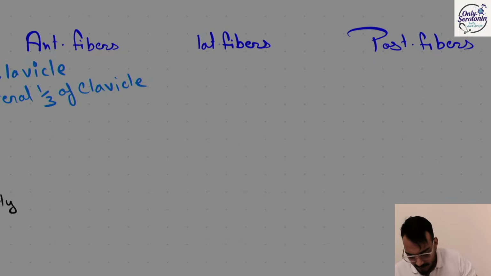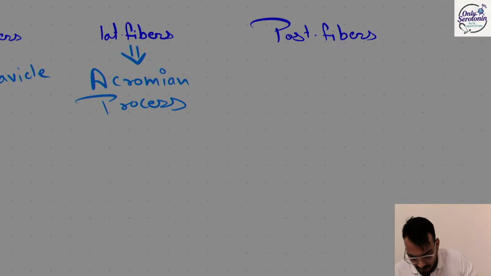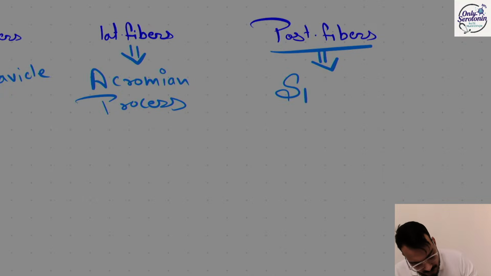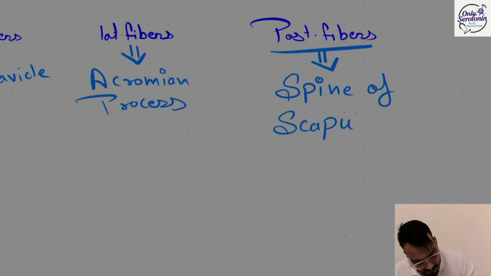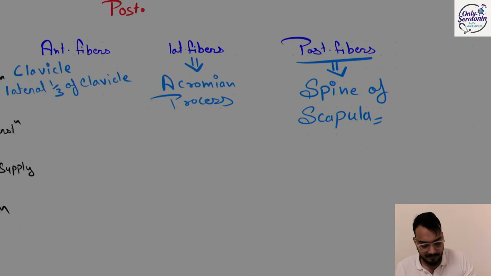Lateral fibers originate from the acromion process. At last, posterior fibers originate from the spine of scapula.